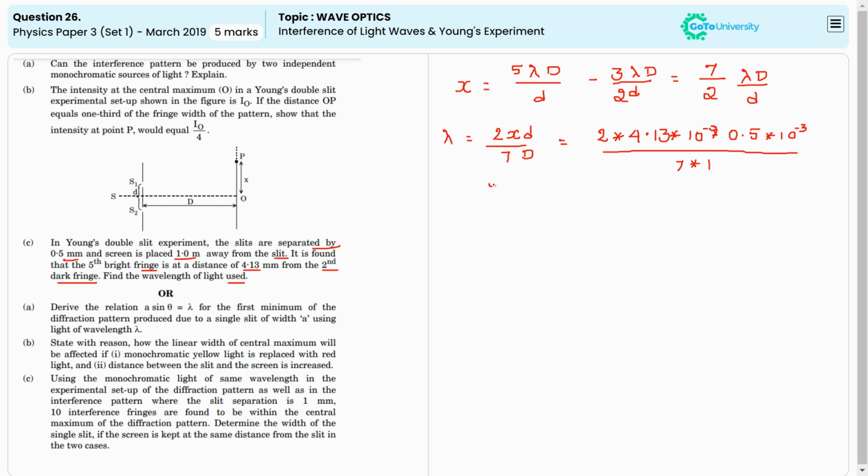If I simplify, we get lambda is equal to 0.59 into 10 to the power of minus 6 m, which is nothing but 5,900 Angstrom.